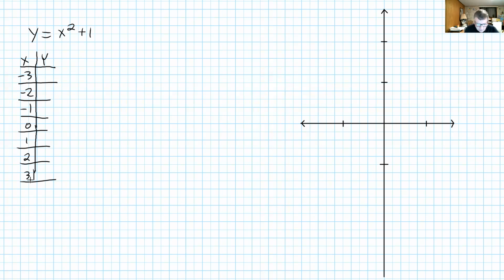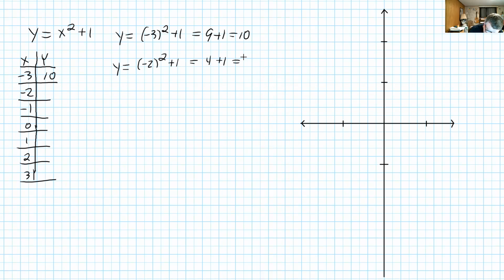Okay? Let's see here. If x is -3, then y equals -3, the quantity squared, plus 1, which is 9 plus 1, which is 10. If x equals -2, y equals -2, the quantity squared, plus 1, which is 4, plus 1, which is 5.